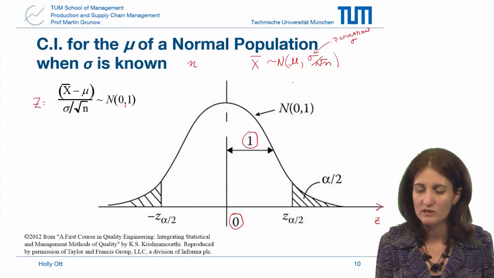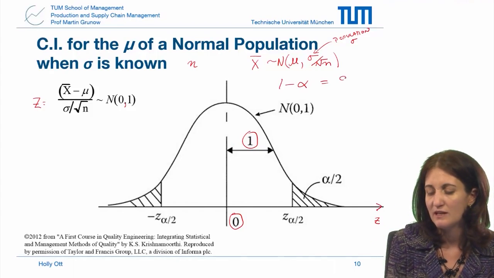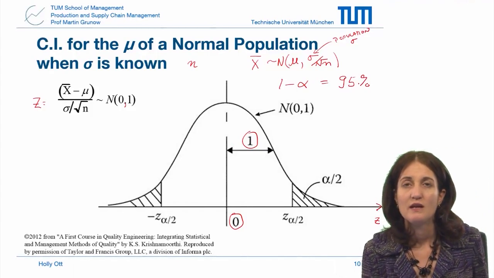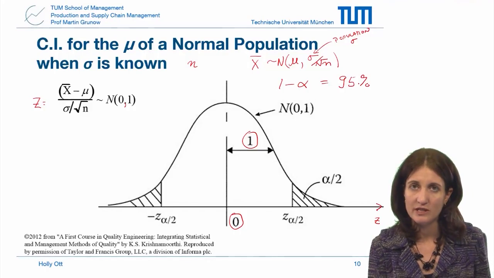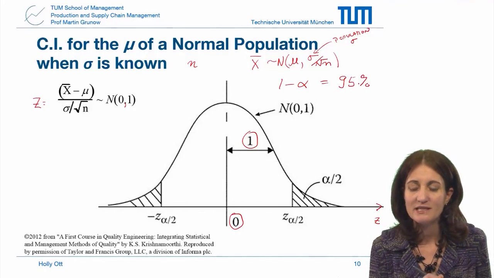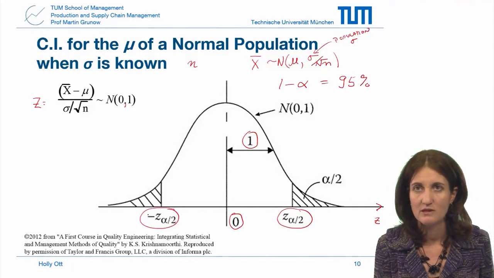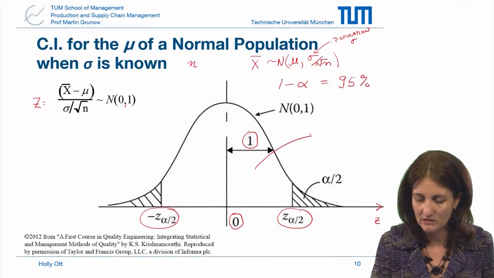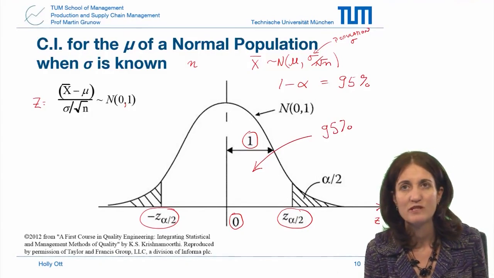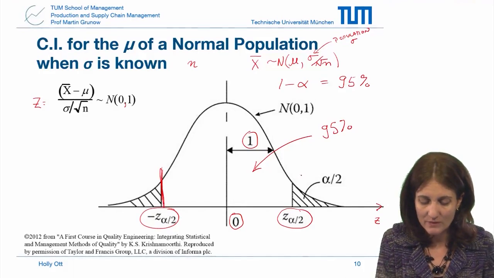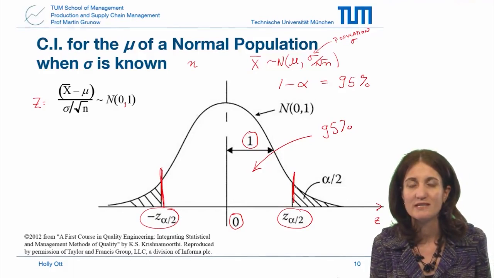Now, we have chosen a confidence level of 1 minus alpha. Let's say we've chosen a big high number like 95%. And what we need to do now, using our standard normal tables, is to identify the z alpha over 2 values so that there's a 95% probability that the random variable z will lie between these two z alpha over 2 values.